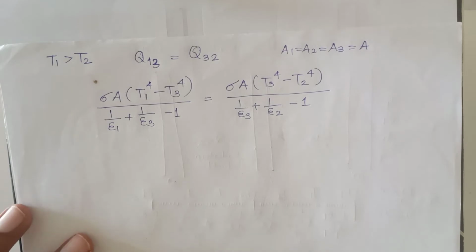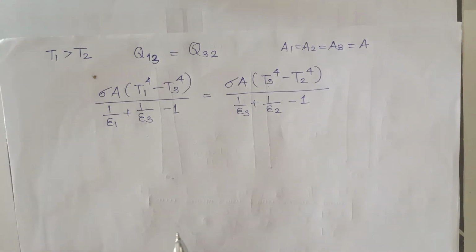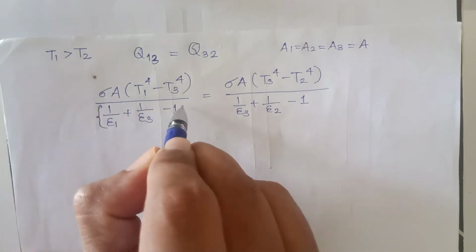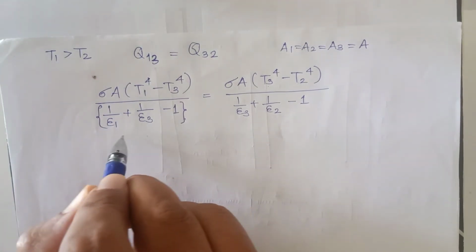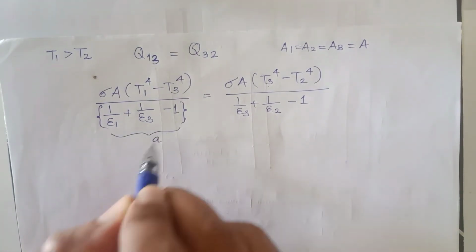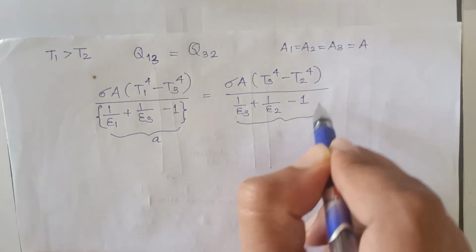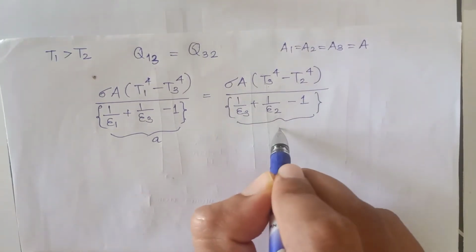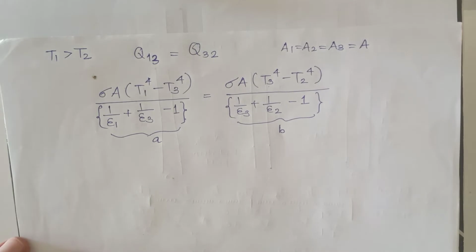Okay. Now what can we do? We can reduce the terms in the equation so that manipulation becomes easy. So how do we do that? Let us consider that this entire bracket is small a, and this entire bracket as small b.